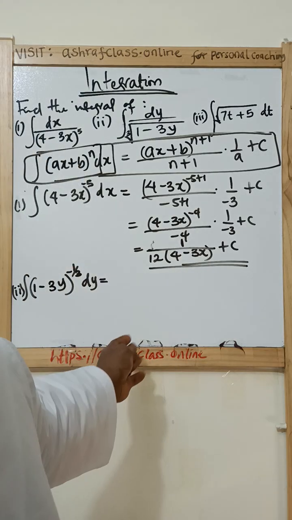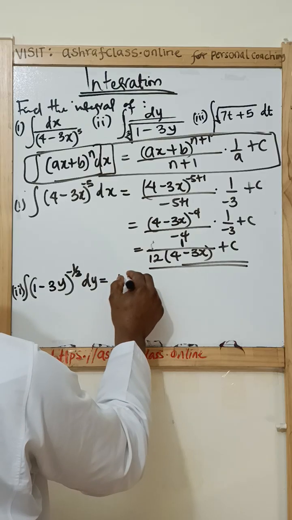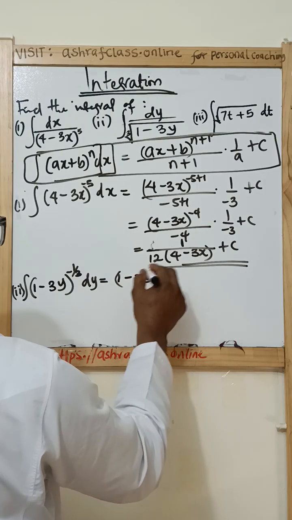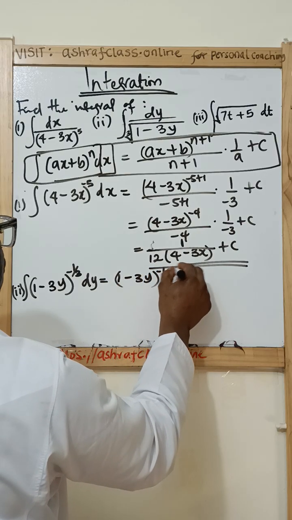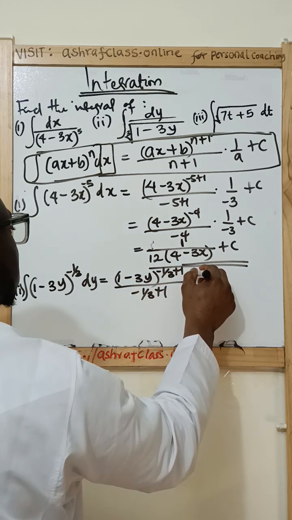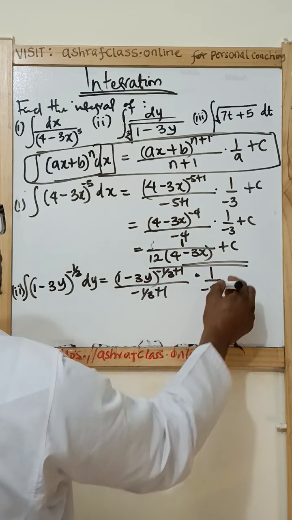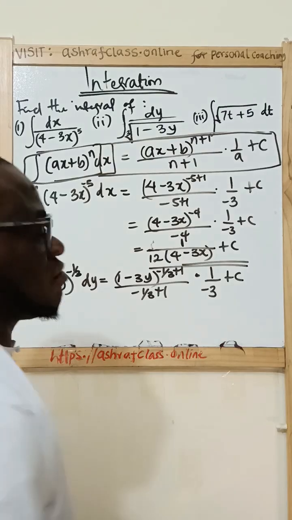So we can now use this formula to solve it. That will be (1 minus 3y) raised to power minus 1 over 3 plus 1, over minus 1 over 3 plus 1, and times 1 all over minus 3, then plus c.